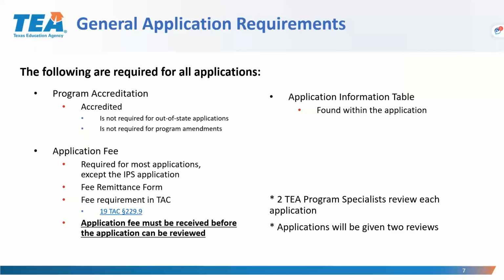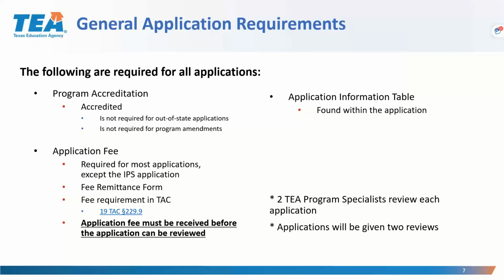Programs are required to complete the application information table that is found within each application. This document provides important information to TEA staff when conducting an application review. Also, 2 TEA program specialists will review each application. Applications will be given 2 reviews.